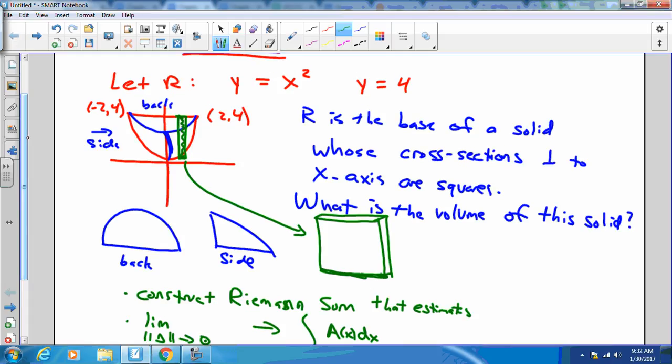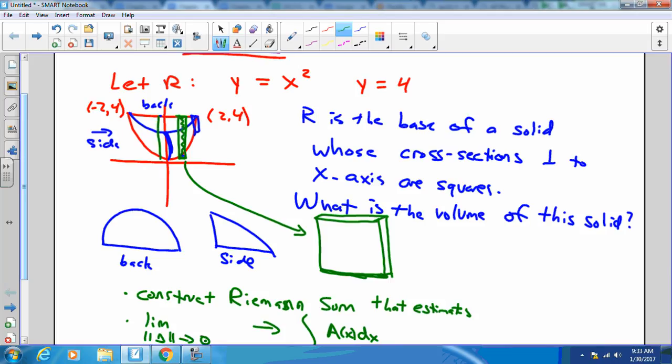In the long way, if I cover this entire solid with shapes that look like this, so on this point right here, I would use a relatively small square. Out here, I would use a larger square.